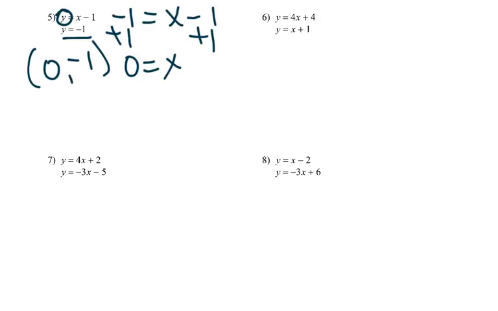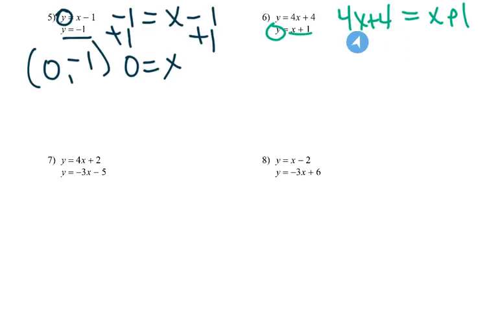Number 6. Now I've got 4x plus 4 equal to y and x plus 1 equal to y. So it doesn't matter which one I choose, okay? I could put 4x plus 4 in for this y or x plus 1 in for this y. It'll give me the same thing. So I replace this y with 4x plus 4 equals x plus 1.